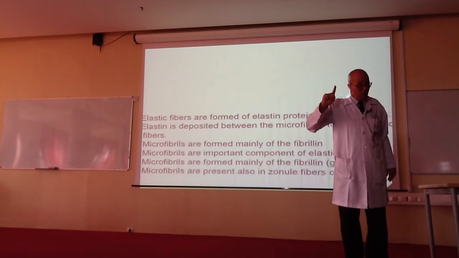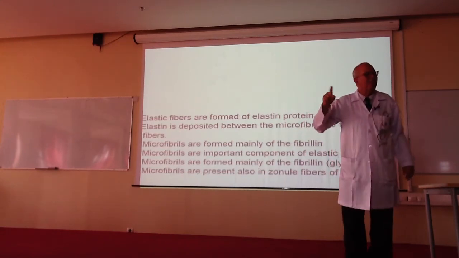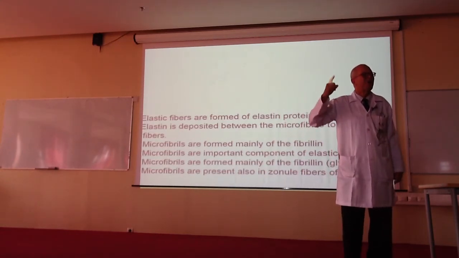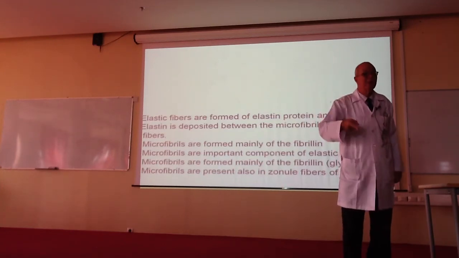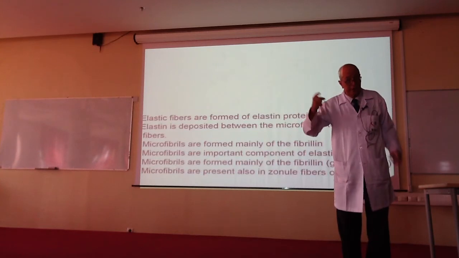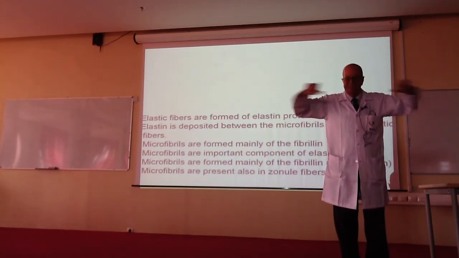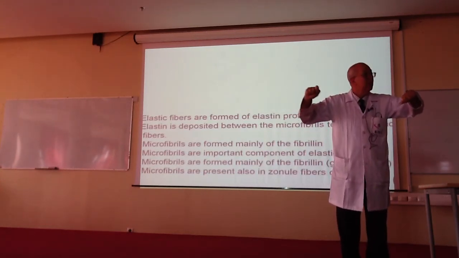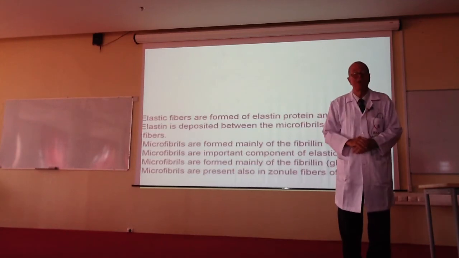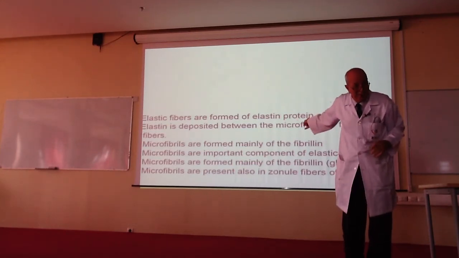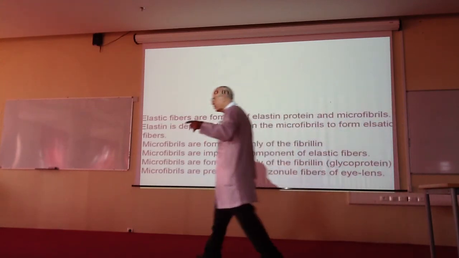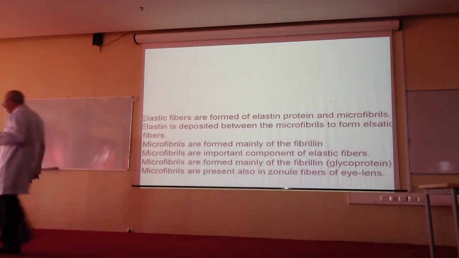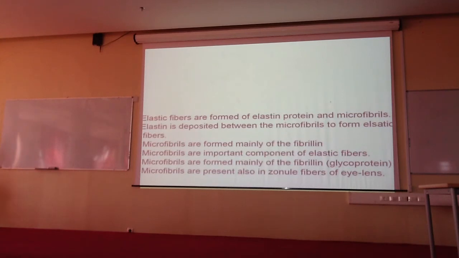And I told you, fibrillin gives microfibrils, which are formed of fibrils, strength to elastic fibers. They resist overstretch, okay? But with the absence of fibrillin or microfibrils, they can rupture, just like rupture of the aorta in Marfan syndrome.